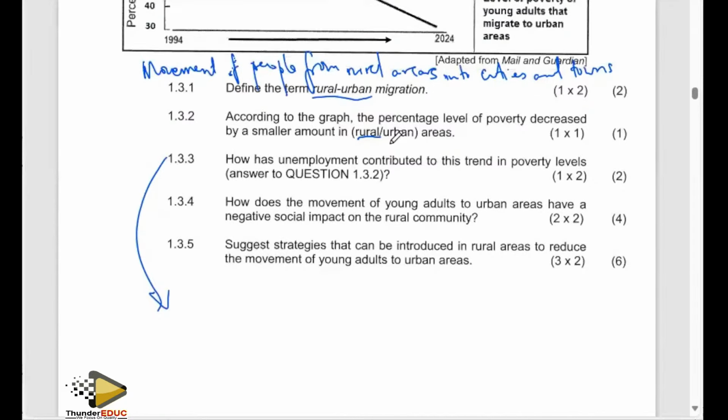Right. So we are saying in this instance, or before we look at that one, I've skipped, yes, question number 1.3.3. Right, we are saying, how are those two related? With high unemployment in the rural areas there. The consequence of unemployment in rural areas is that there's no source of income.